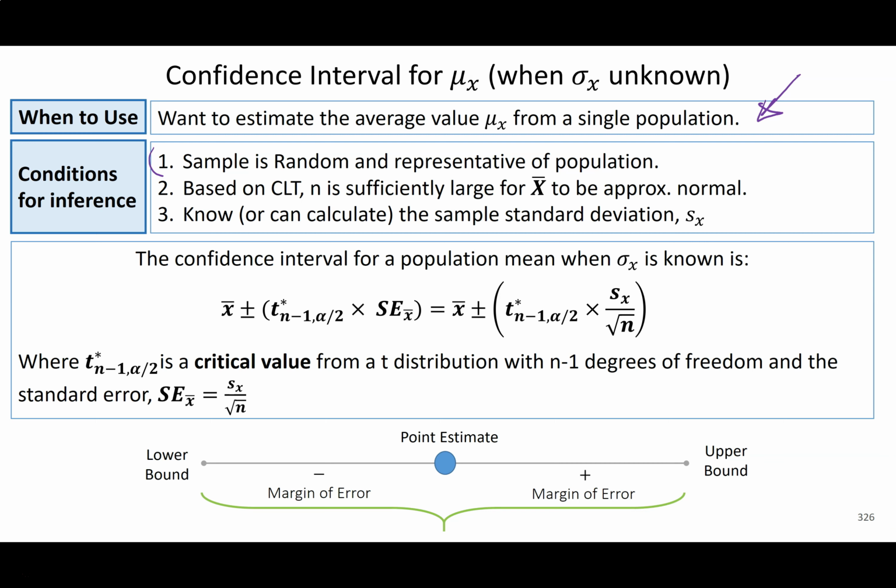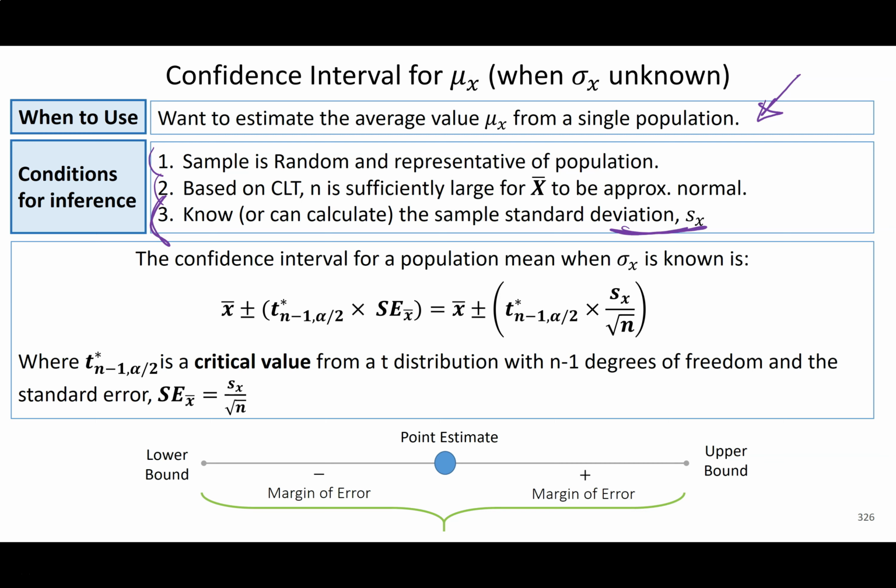The easiest way to get this is to take a random sample from the population. Based on the central limit theorem, we know that the sample size is big enough that the sampling distribution should be roughly normal. And then here we know or can calculate the sample standard deviation.